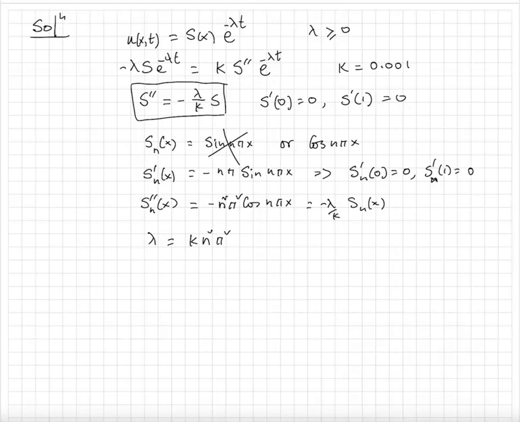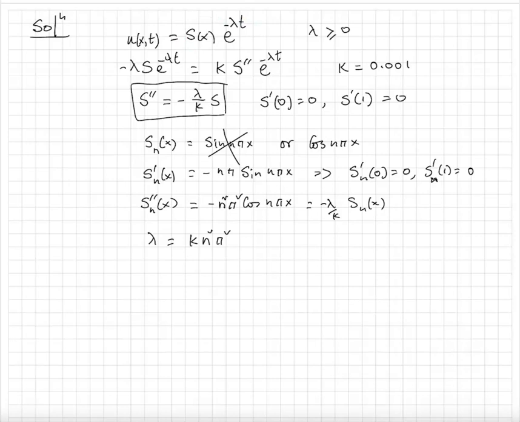Now there's another point here, whether lambda can be 0 or not. Why we choose in the original substitution lambda greater than or equal to 0 is because we want the solution to decay.